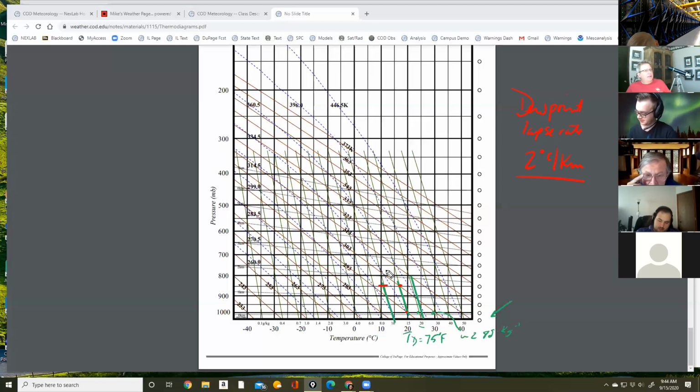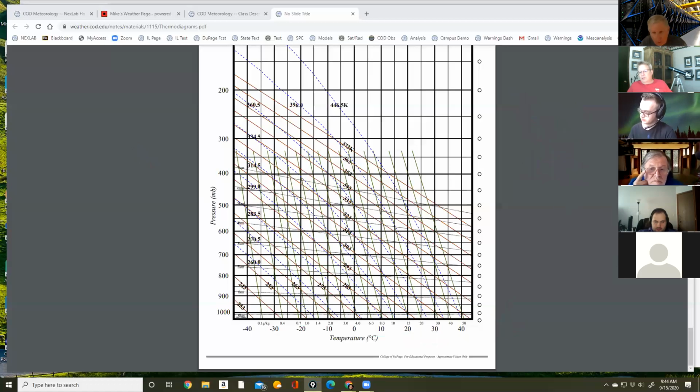That's why SPC will say, here's a mean mixing ratio, because that tells us exactly where we are. Remember, to find the LCL, we take temperature and go up dry adiabatically. We take dew point and go up a mixing ratio line. There's your LCL. And as a result, that is always going to be a better indication of the moisture values.